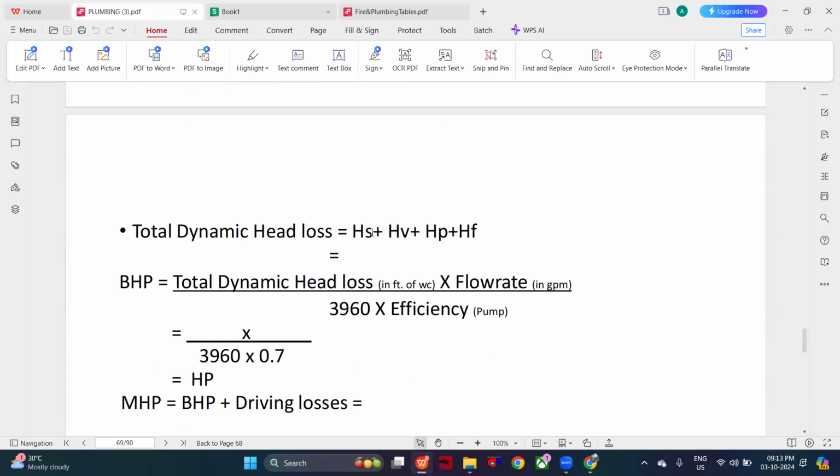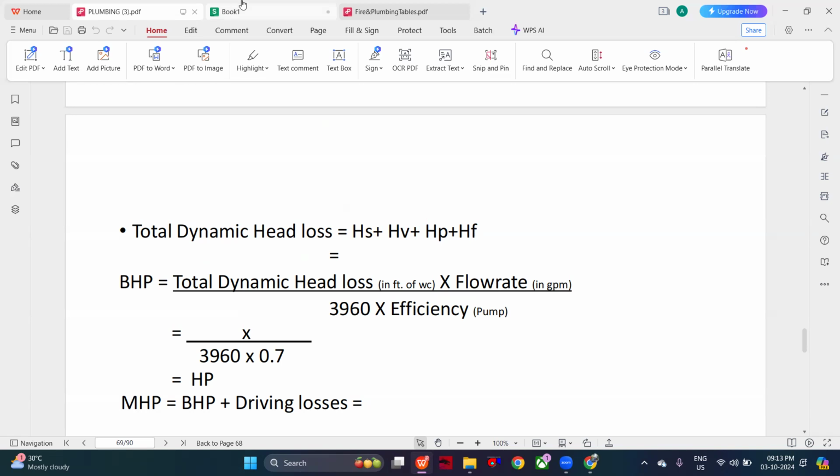HS is the static head, obviously the length of that vertical pipe. HV is the velocity head, obviously less than 2 feet of water column. HP is the pressure head, obviously 0. And HF is the frictional head, the friction caused by the accessories, the horizontal pipes and the fittings. You have to find that and put that value here.